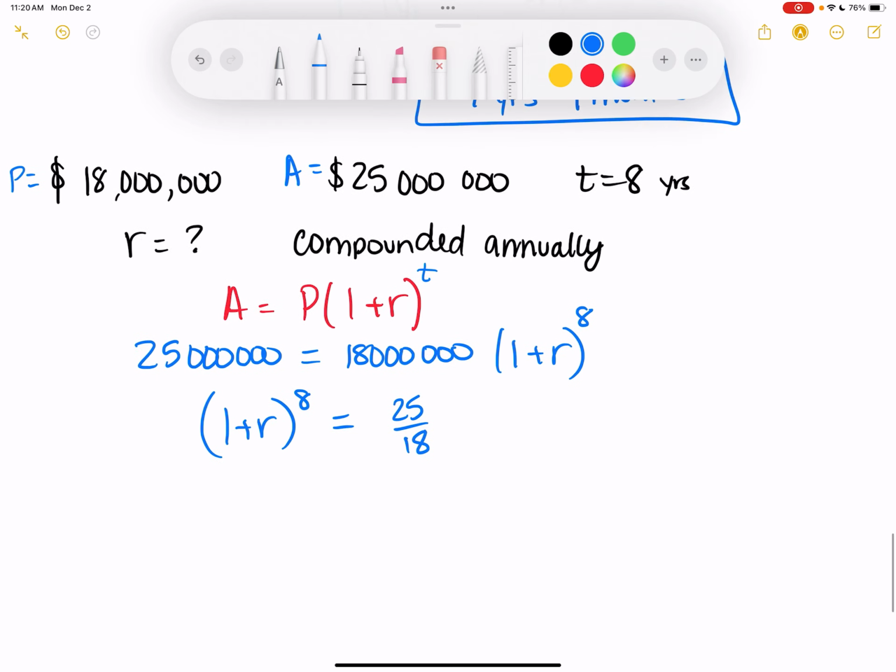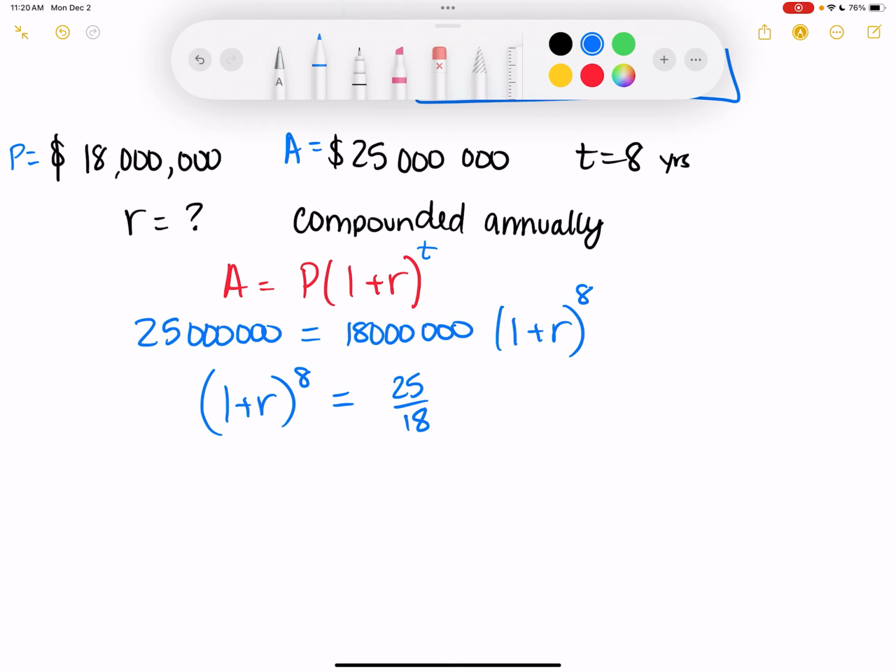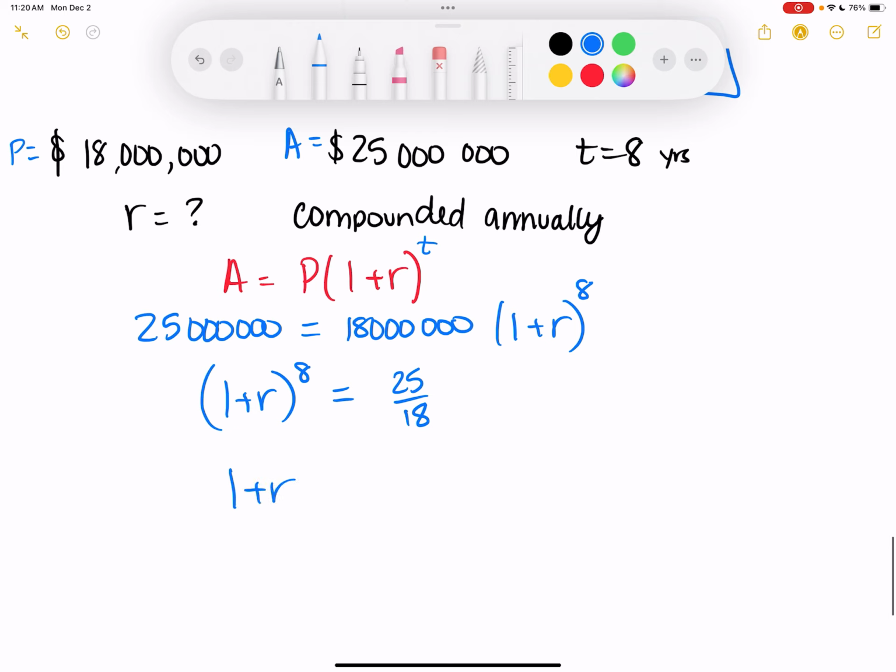Now, I don't need a logarithm to undo this. What can I do instead? I'm trying to solve for R. Yep, take the 8th root. So 1 plus R equals the 8th root of 25 over 18.